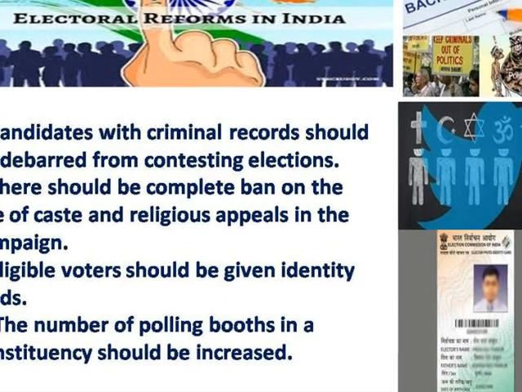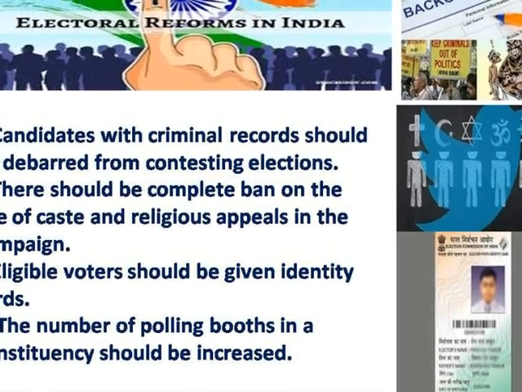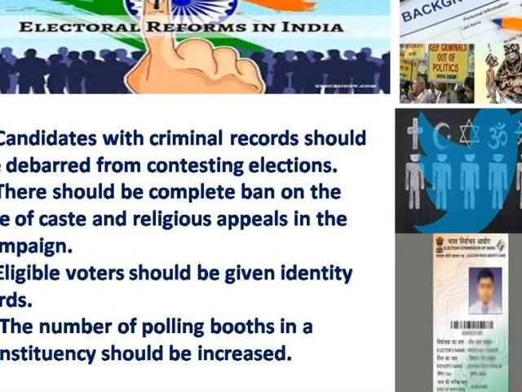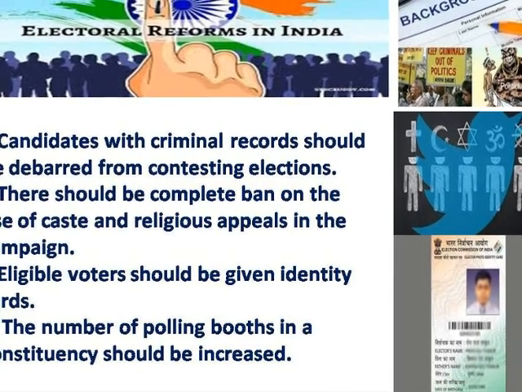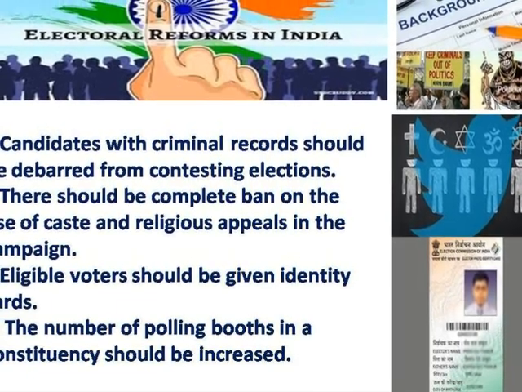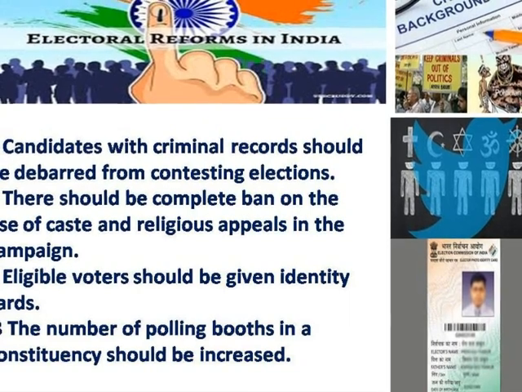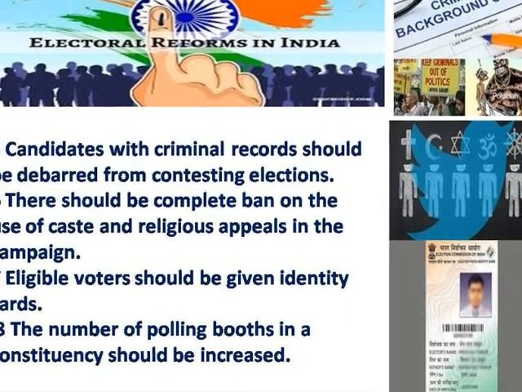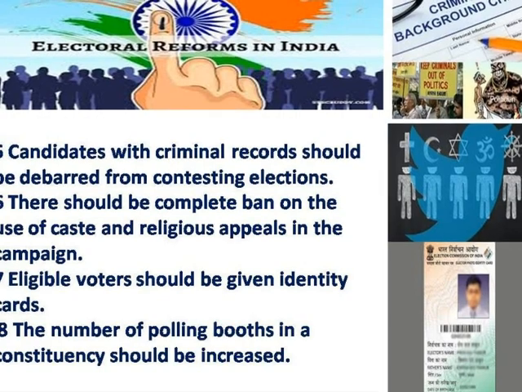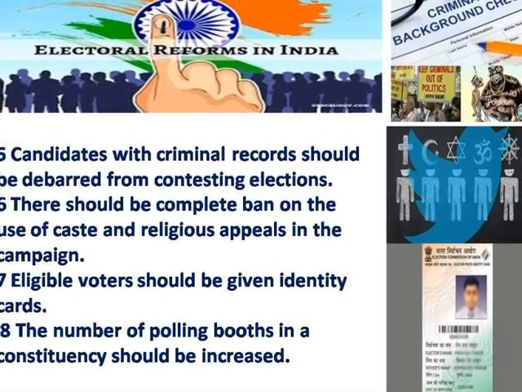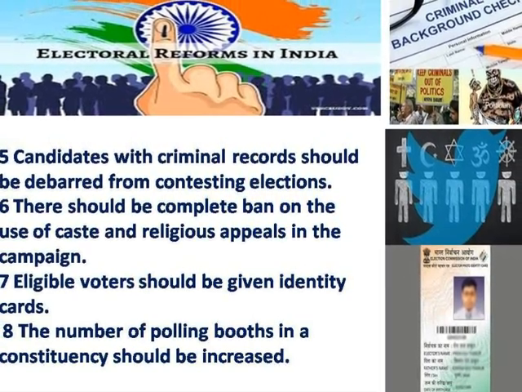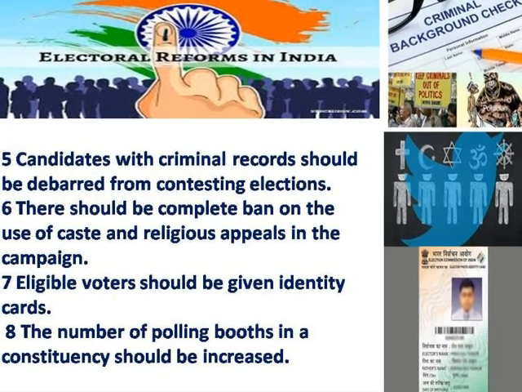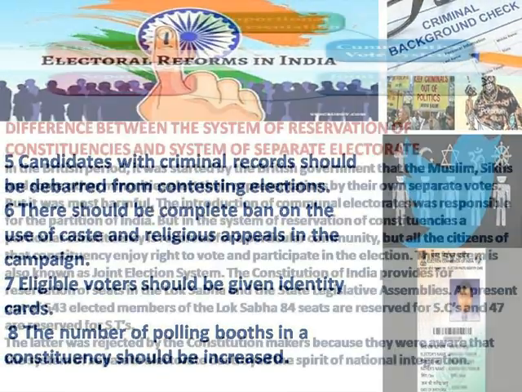Political parties appeal to the people to cast their vote on the basis of caste and religion. Not only this, even the voters cast their vote on the basis of caste and religion. Next, eligible voters should be given identity cards. Next, the number of polling booths in a constituency should be increased.